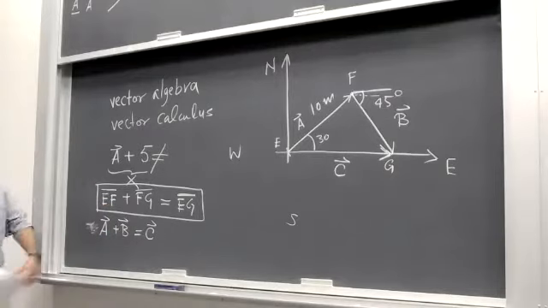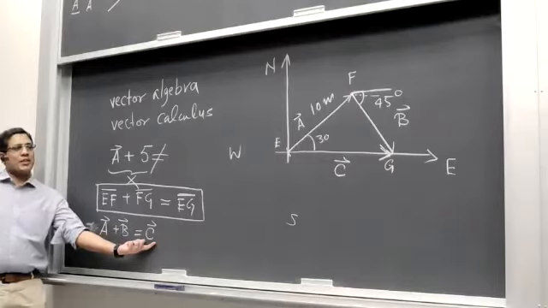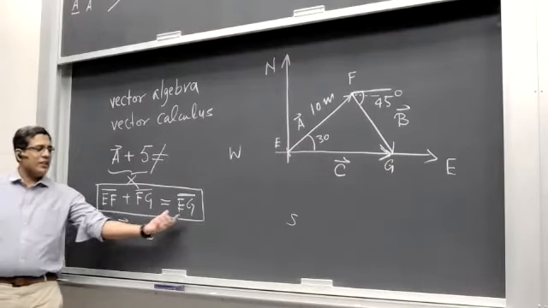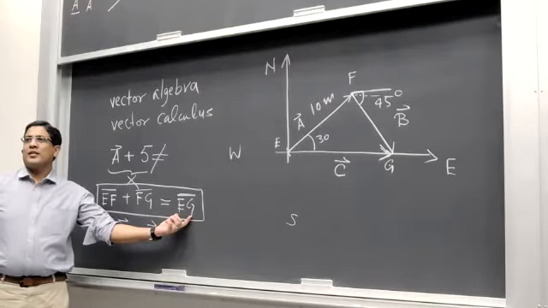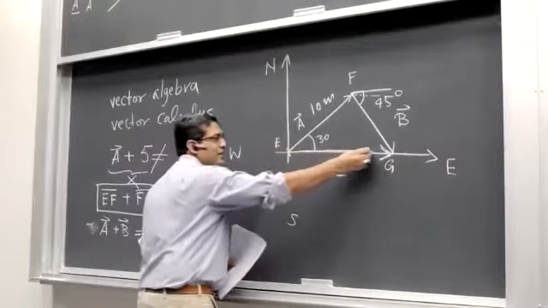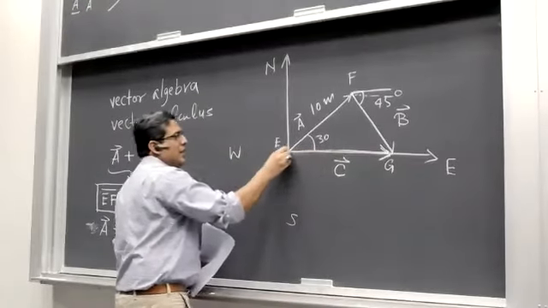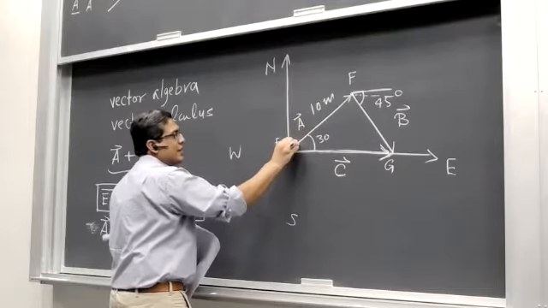Even if I ignore the direction for the time being, the length that C represents is never equal to EG, is it? Because C represents this length and the scalar addition of these distances represents this distance.